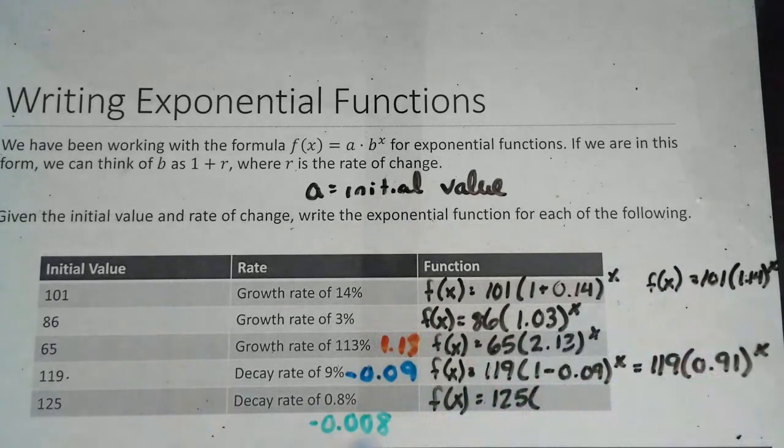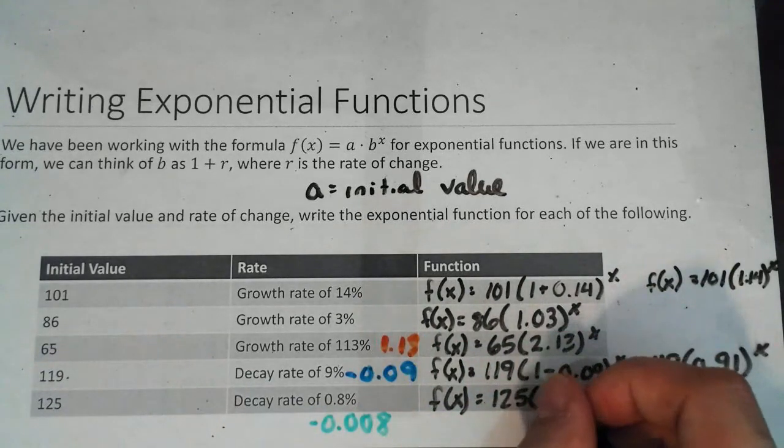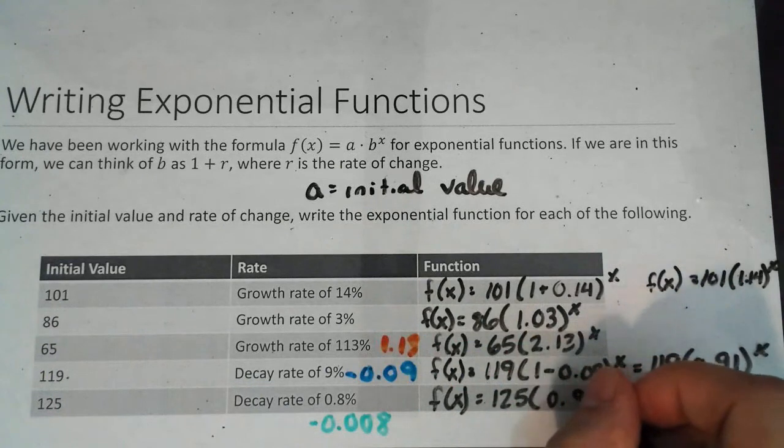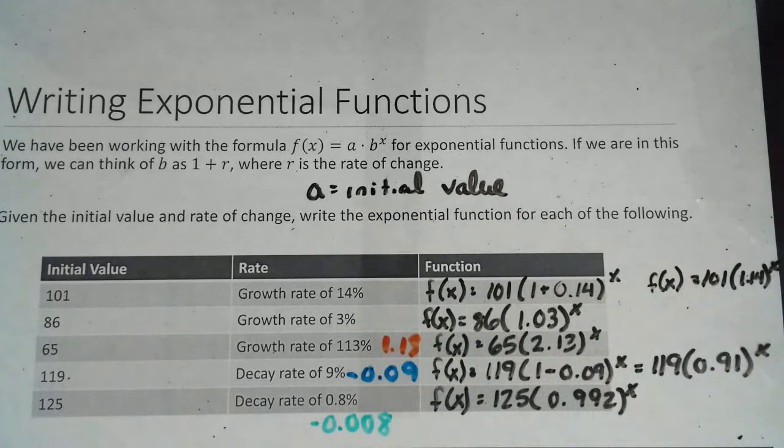If I do 1 plus a negative 0.008, it's going to turn into 0.992, and that's raised to the x power. So whatever rate you're working with, you're going to add it to 1, and that's going to give you your b value.